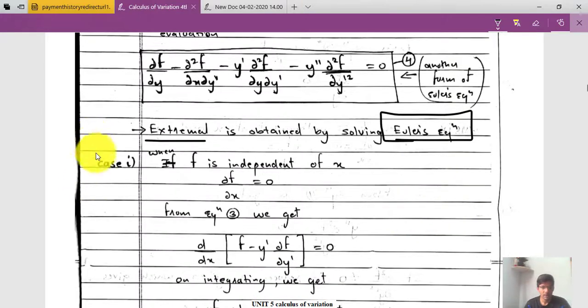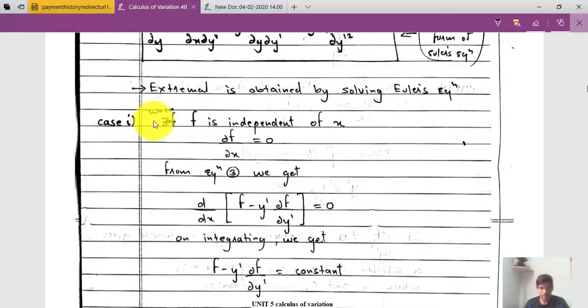Now let us see certain cases which are also of immense importance while solving Euler's equation, which makes our work very simple. So whenever the given function f is expressed in terms of x, y and y prime, that is dy by dx, consider when f is independent of x. So what will happen when f is independent of x, that is x is not available in the given expression?